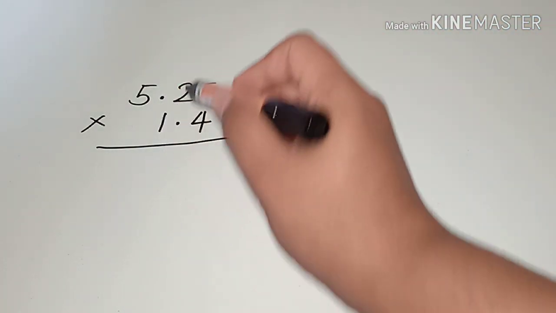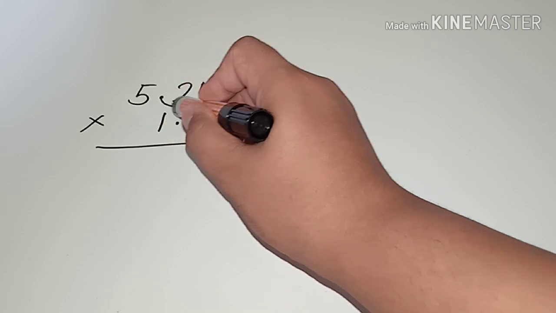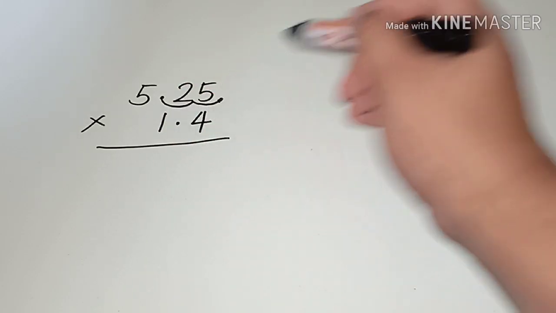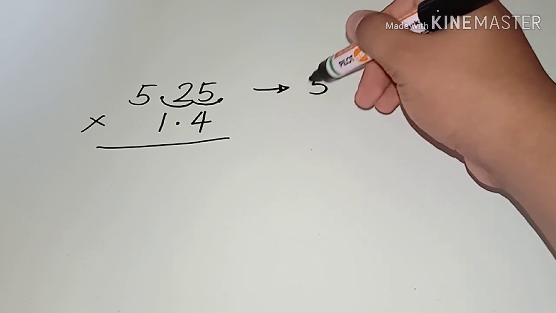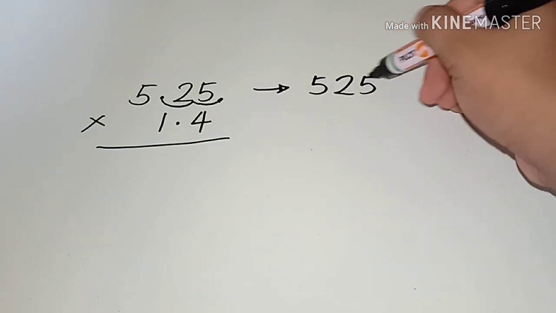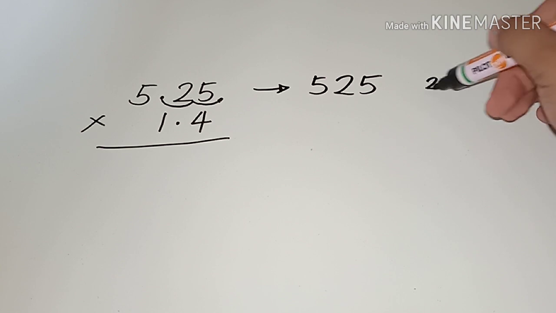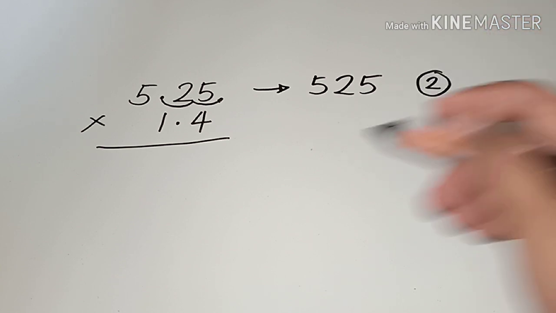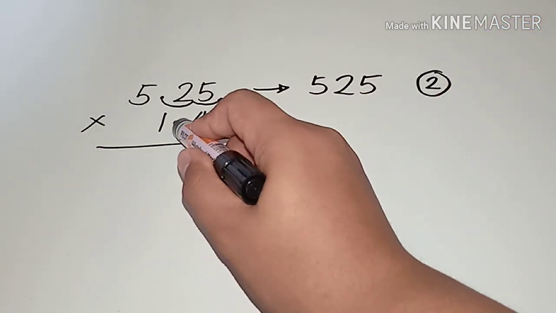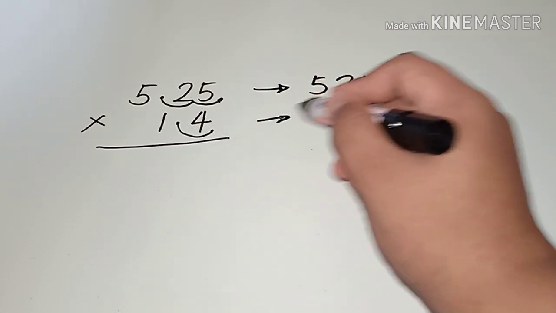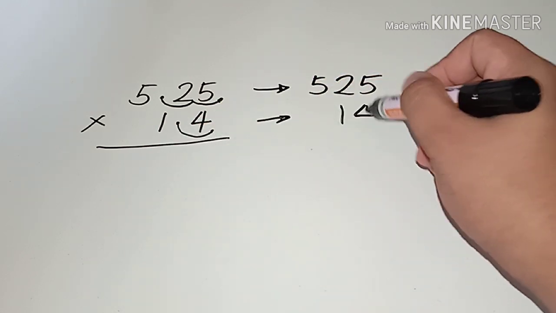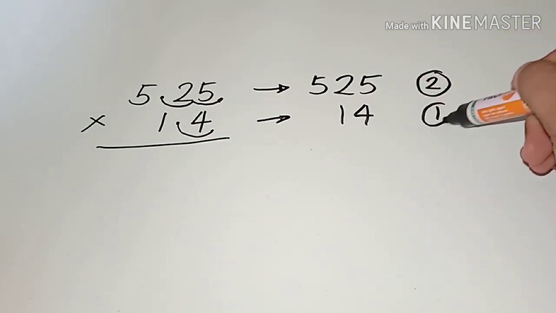For 5.25, we move 2 places to the right to make it into a whole number. So our 5.25 will now become 525, and you have to take note that we moved 2 places to the right. And for 1.4, to make it into a whole number, you move it to the right. So this will become 14, and we only move 1 place to the right.